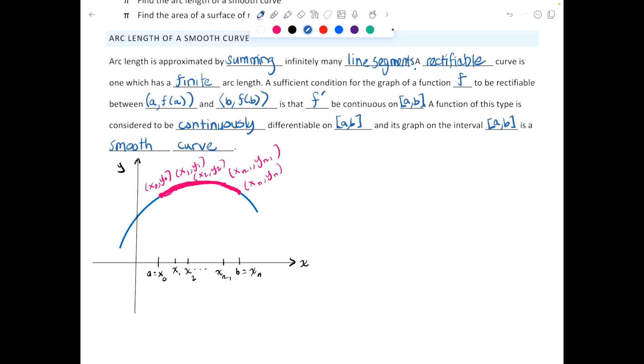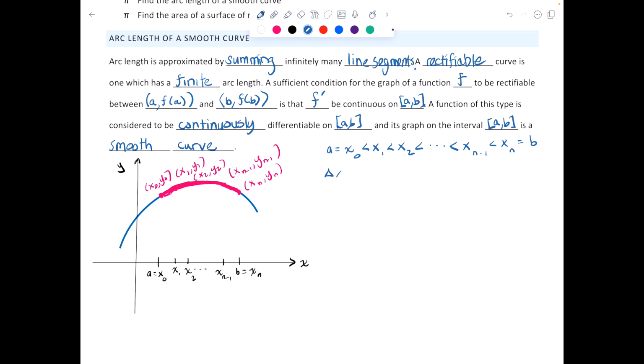We've got A is equal to x0, and x0 has to be less than x1, which is less than x2, and keep on going, to x sub n minus 1, which is less than x sub n, which is equal to B, our right endpoint.